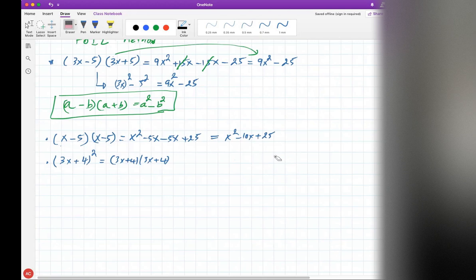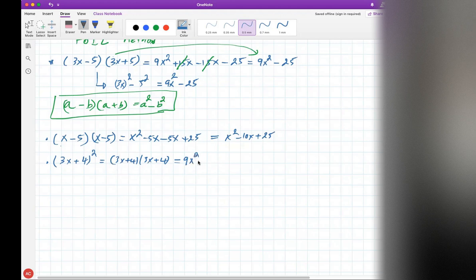All right, so the rest is simple. We're just going to distribute and combine the terms. So what do we get from here? What's the first multiplication? 9x squared, plus 12x, plus 12x, plus 16. Plus what else?